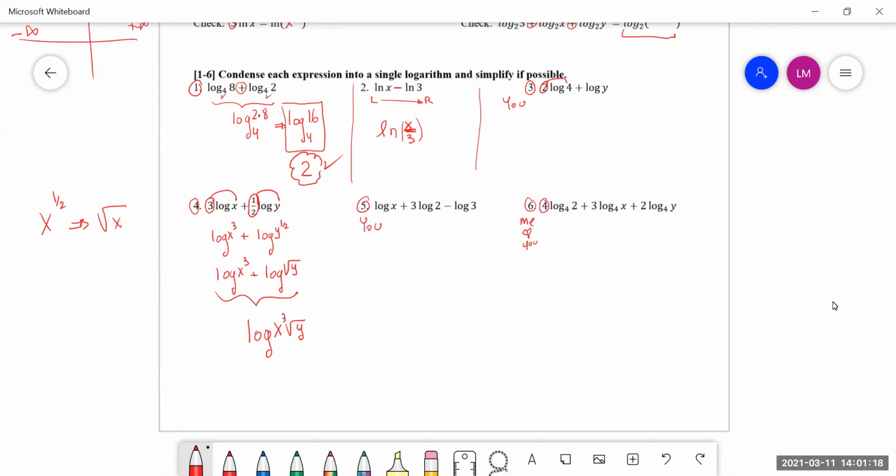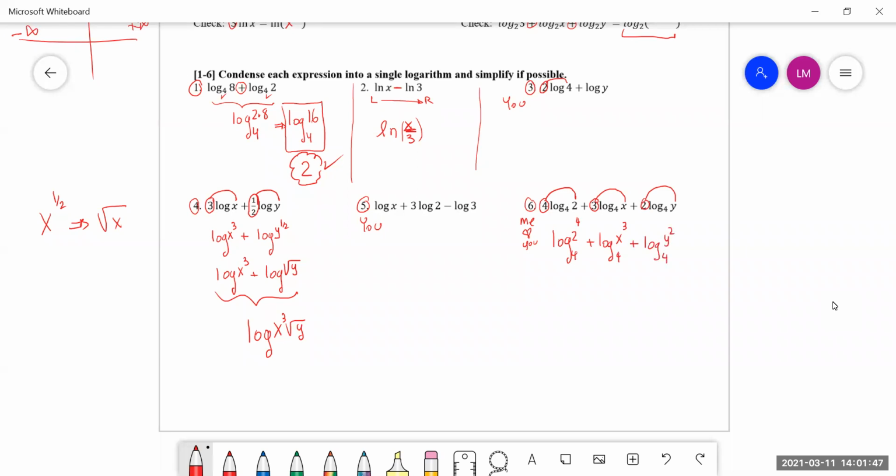I'm going to put the 4 back in here. I'm going to put the 3 back in here. And I'm going to put the 2 back where it belongs. So it becomes log base 4 of 2 to the 4th power plus log base 4 of x cubed plus log base 4 of y squared.